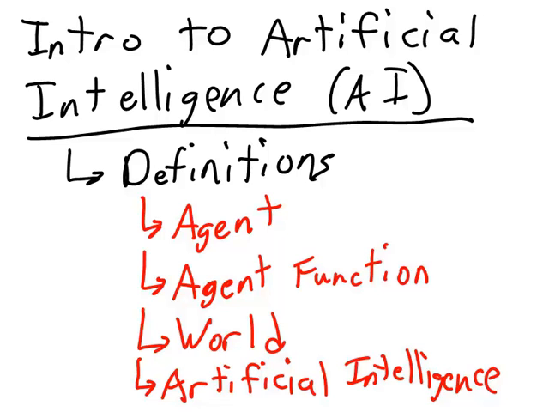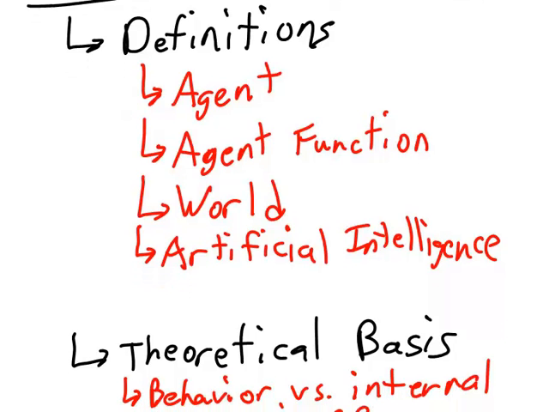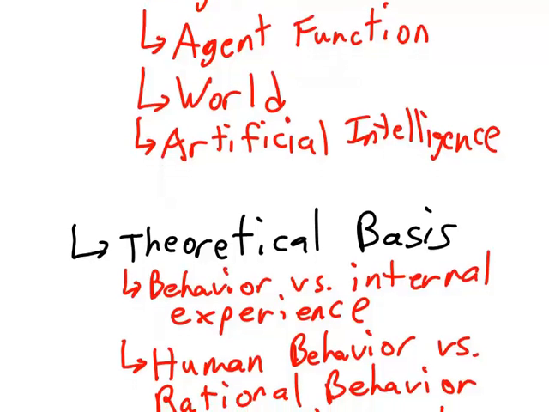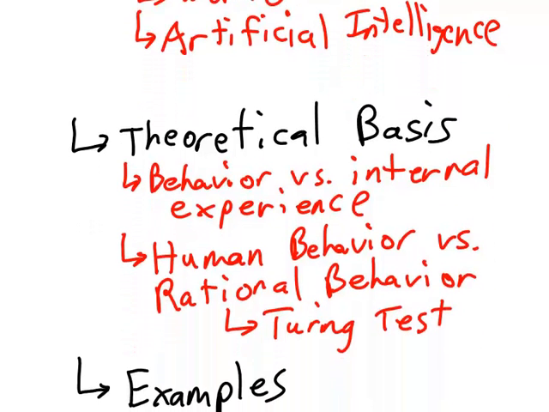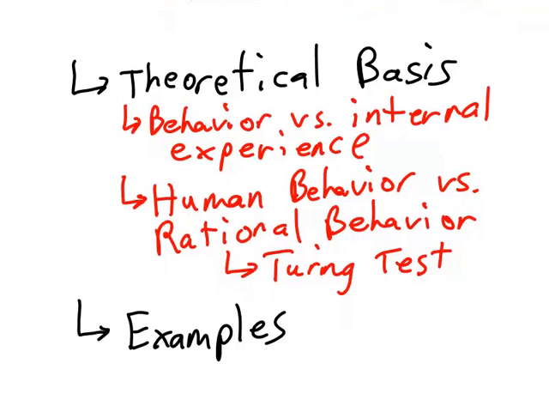So far, we've looked at some definitions, including agent, agent function, the idea of a world, and the overall idea of artificial intelligence. We then looked at some theoretical basis, including the difference between behavior and internal experience. And we also looked at the difference between human behavior and rational behavior in terms of how we want our AI or our agent to behave.